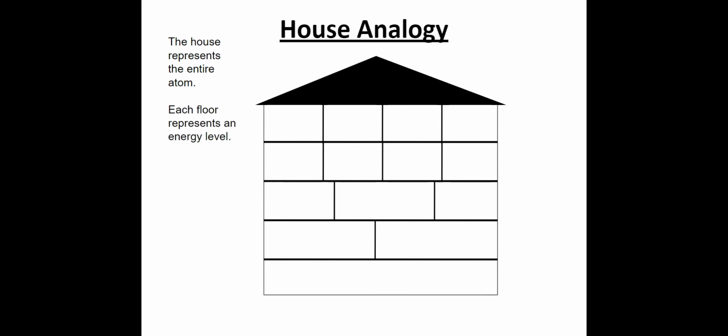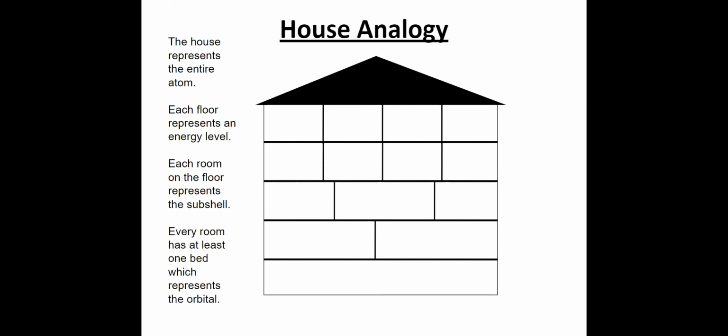The second floor, and some people go ground floor, first floor, some people go first floor, second floor, whatever, the second floor has 2 bedrooms. One of them is the 2s subshell, and the second one is the 2p subshell. The third floor has 3 subshells, and the fourth floor has 4 subshells.